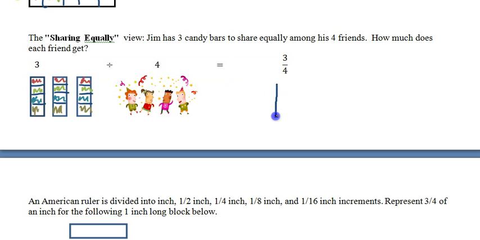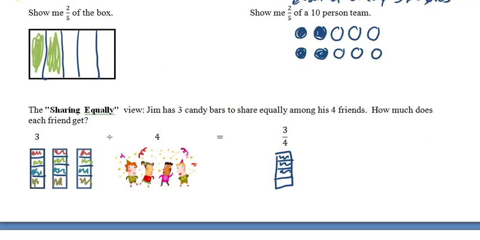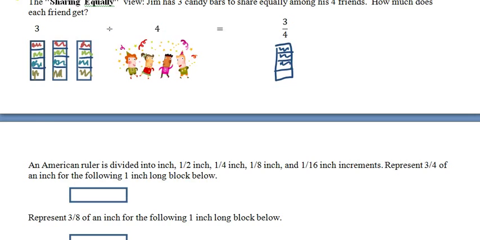So right over here, you have the 1 candy bar, and each of them is going to get 3 of 4 pieces, which is 3/4. No matter how you look at it, if you take 7 and you divide it among 8 people, each person gets 7/8. That's it. That's what the fraction works. So those are our 3 different situations that you have with fractions: continuous, discrete, and sharing equally.